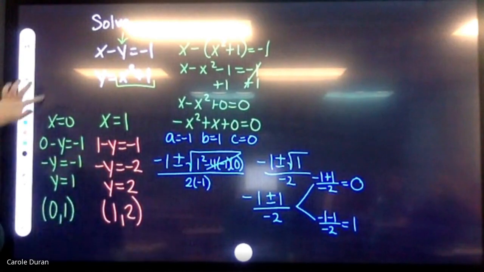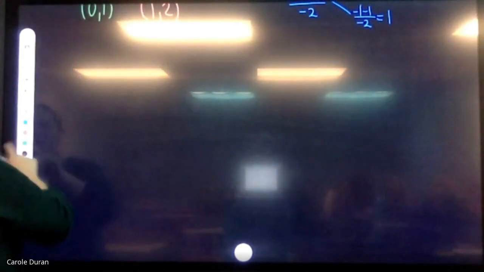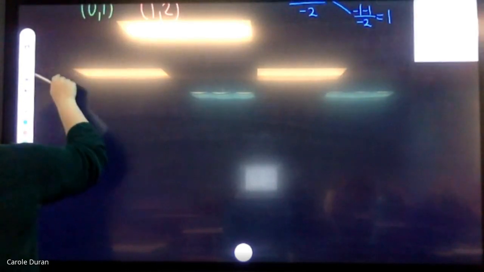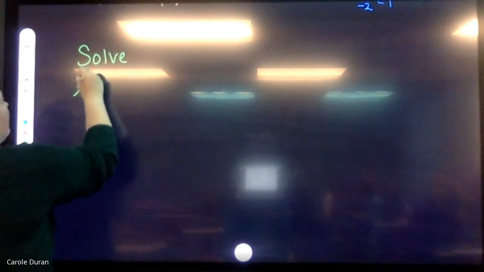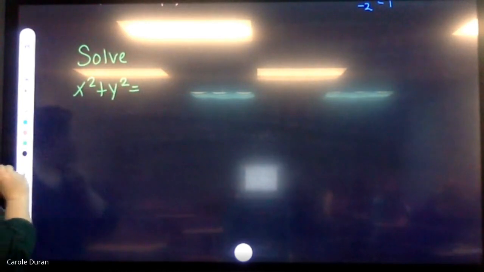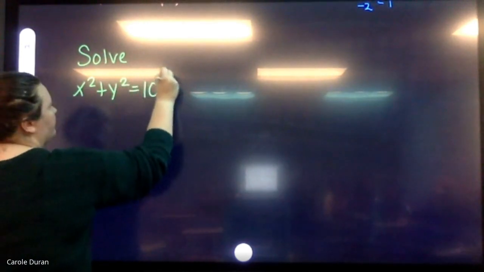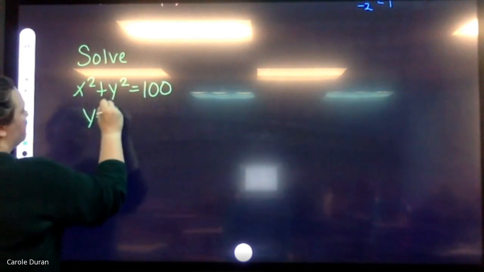So the next example I have is another set of nonlinear equations. I know you're all so excited. So for this one, I would like to solve x squared plus y squared equals 100. And then y minus x equals 2.